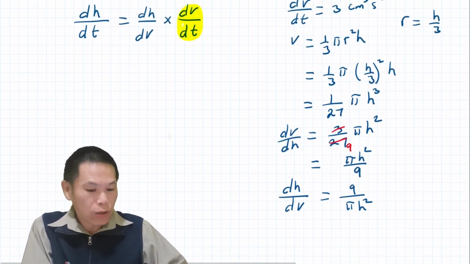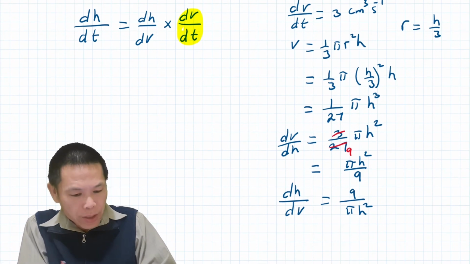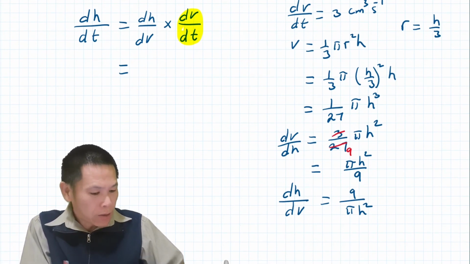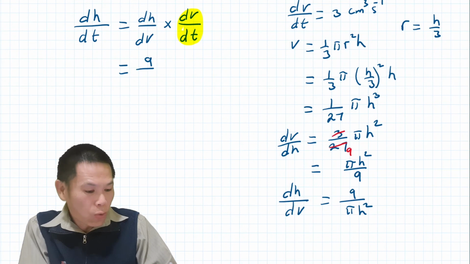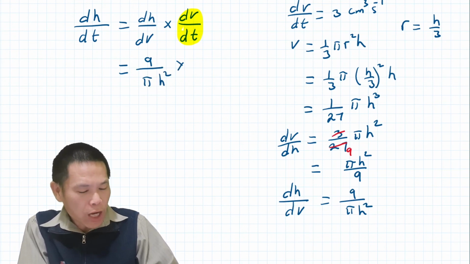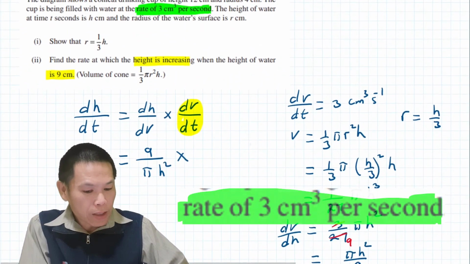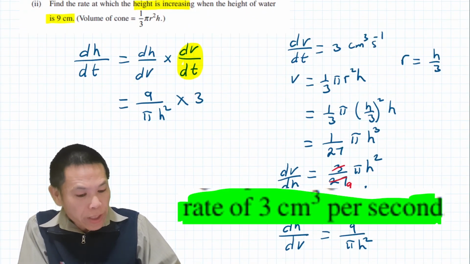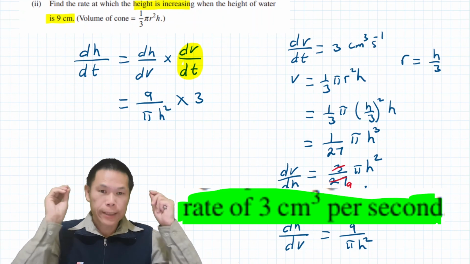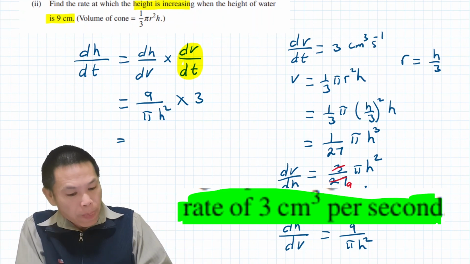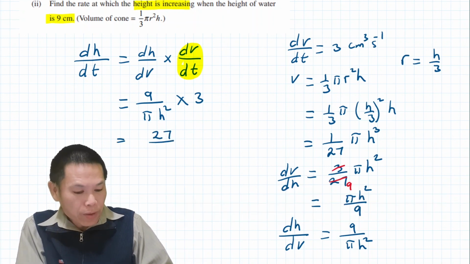Now I just substitute that back in here. So that is 9 over πh squared, and then we multiply by dV/dt, which is 3 cubic centimeters per second. That will give me 27 over πh squared.